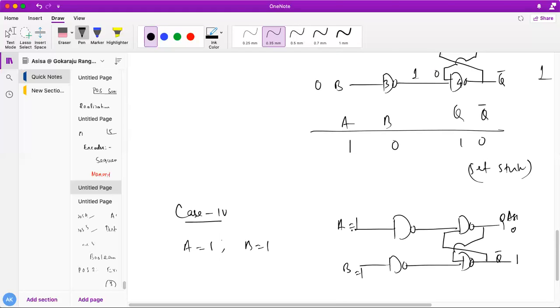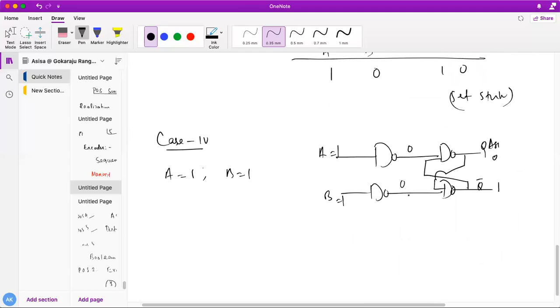If it is 1, what will I get here? It is 0, this is also 0. Then I'll be getting 1 here, and here also 1. So initially I have 0, 1, and in the next state I'm getting 1, 1.